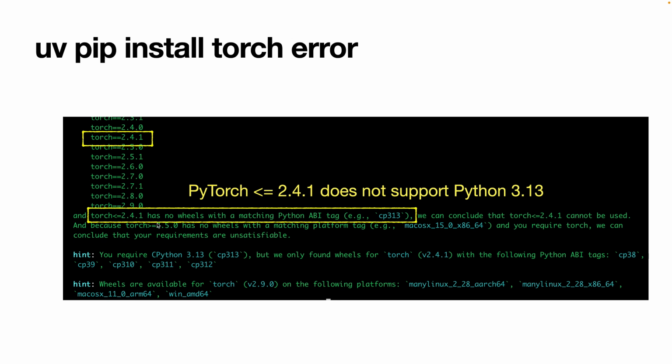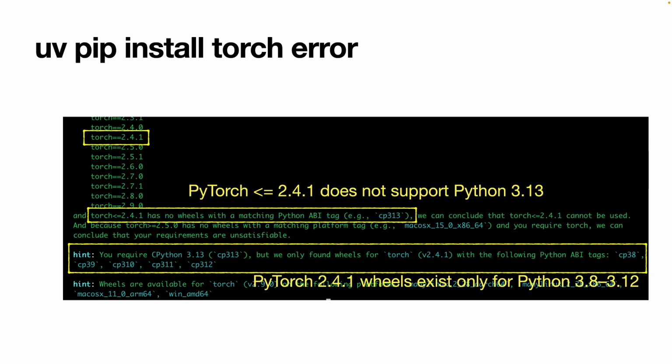Because my current system Python is in this new version, I could not use the older version of it. However, it is available for a slightly older version of Python, which is 3.8 to 3.12.